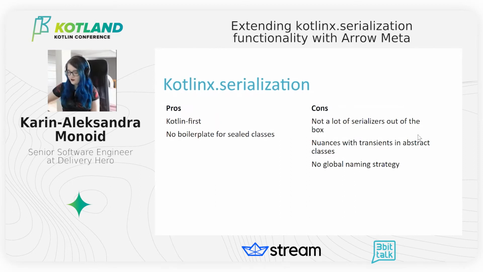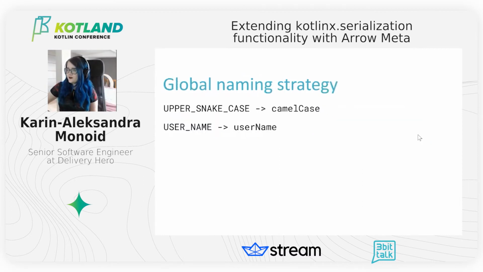But the most important reason why we decided not to migrate to kotlinx.serialization was the lack of a global naming strategy. So what exactly is a naming strategy? In various services and various languages, you can define how you would typically name the variables. For example, upper snake case with upper case letters and underscores, or like typically in Kotlin with camel case, so the words are glued together without any underscores or dashes.